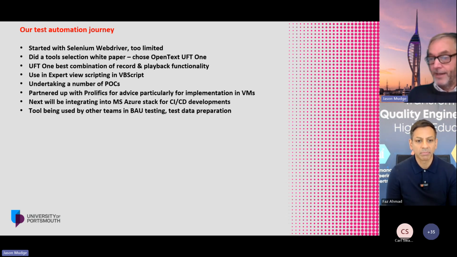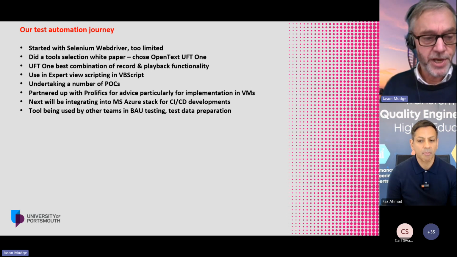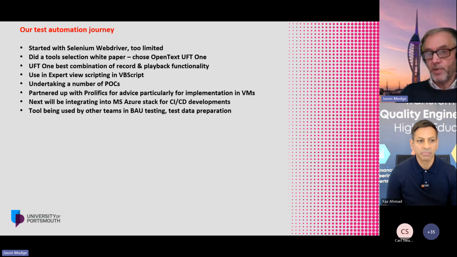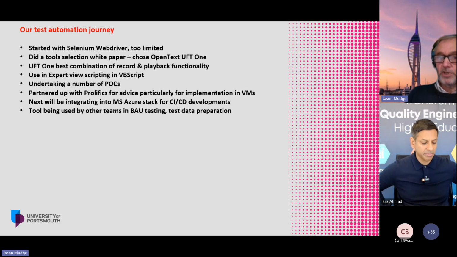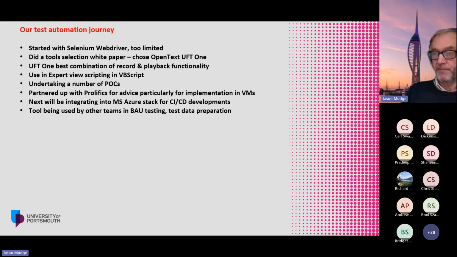So I mean, we've created a monster here, because one of the reasons I selected it was not just to be able to use it for testing new programs and projects, but also the ability to let BAU teams use it to do their own regression testing, say post patching, and some of the businesses have really understood that and are really pressing us now.